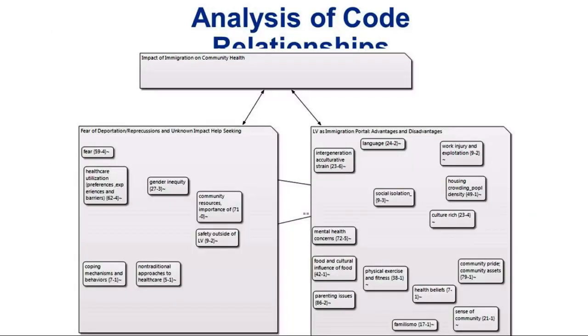So once we have everything coded, what a lot of qualitative data analysts like to think about is that the coding of the data provides the scaffolding, or the skeleton, for the analysis. But once you have the codes done, you're far from actually interpreting the meaning in the data. So we want to think about, what are we looking for in this data?